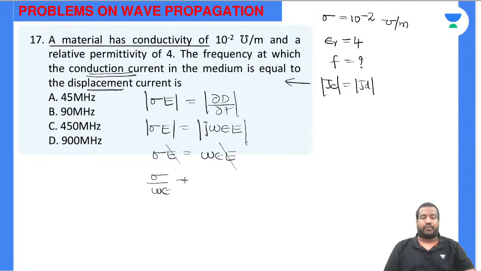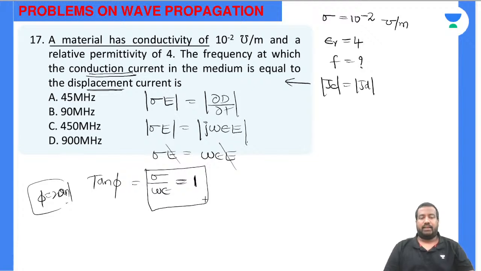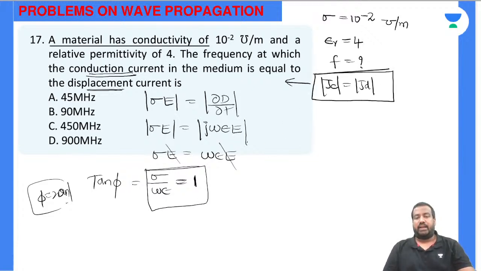Sigma by omega epsilon, the loss tangent, tan of phi, where phi is 2 times theta n, is equal to 1. So it's a direct shortcut. In any given medium, when JC is equal to JD, loss tangent is equal to 1.